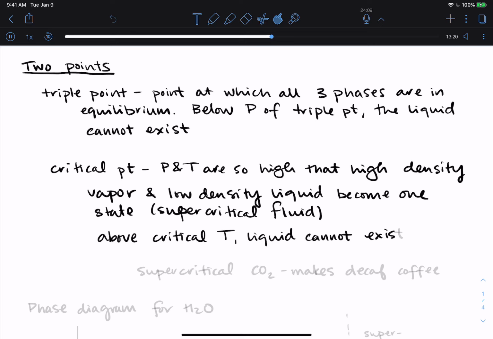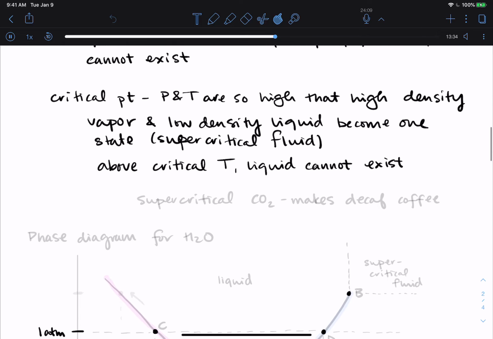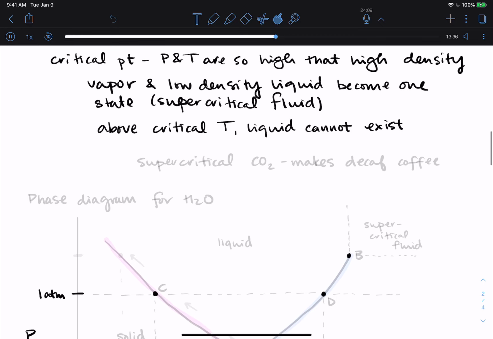This supercritical fluid is actually used widely in manufacturing, and it's really cool because it has the properties of a liquid and the properties of a gas. In the past, to make decaffeinated coffee, they would pour dichloromethane on coffee beans.